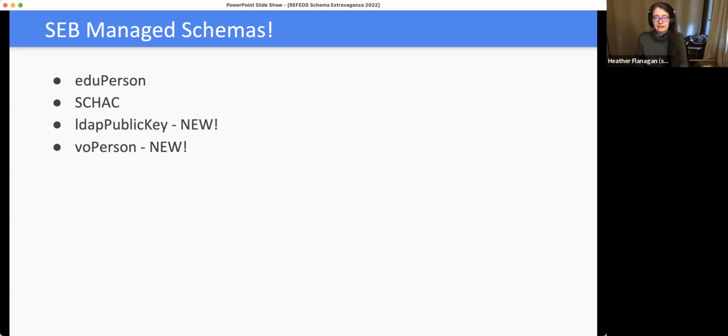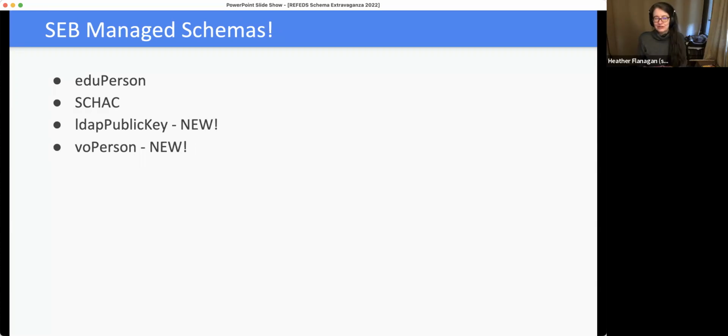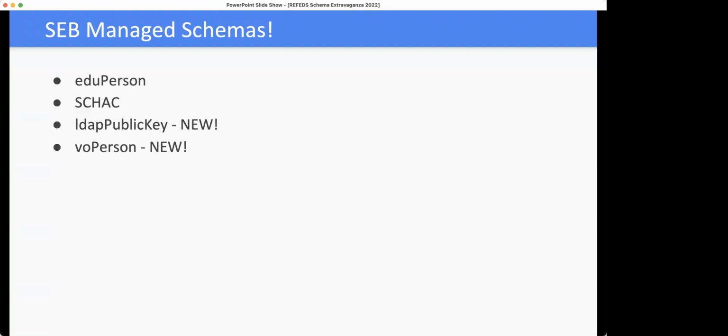Okay, so what schema do we have? How many of you have heard of eduPerson? I know you're all going to raise your hand there, right? Okay. But that's definitely not the only one. There's also the schema for academia, SCHAC, which is used primarily in the Nordic countries and maybe in some other small places in Europe.